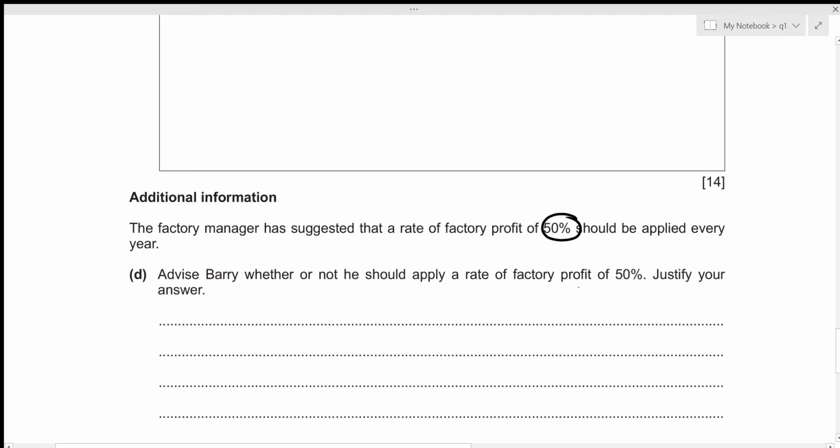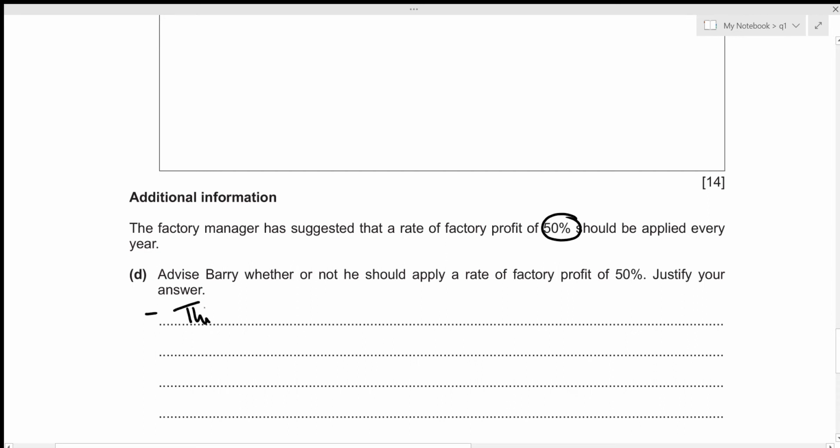Okay, what we know is that the previous varying rate of factory profit was due to the fact that that particular rate would reflect the market price, right? So now changing our rate of factory profit to 50% constant every year would definitely not reflect the market price, and therefore it would be subjective. Let's write it down.